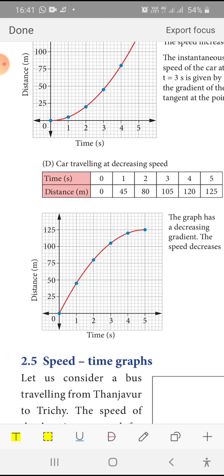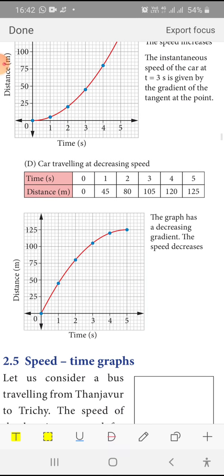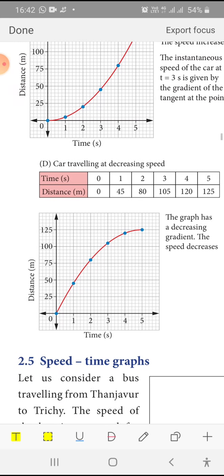Then 105 minus 80 gives 25, that also decreased. 120 minus 105 gives only 15, again a decrease. This type of steep curve shows that the speed is not increasing. After the first speed, the speed is decreasing, the car traveling at decreasing speed.